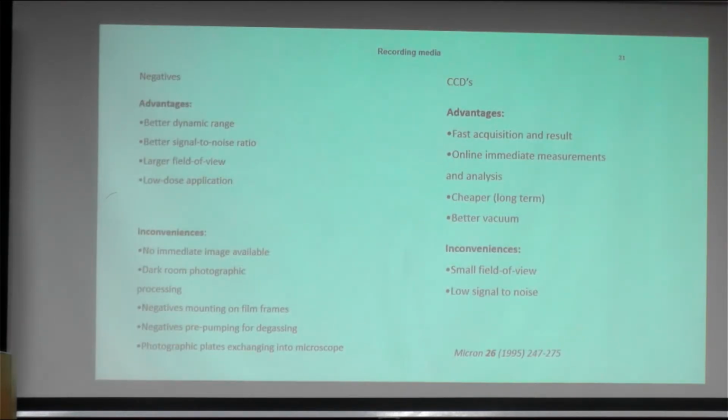So, some comparison of advantages and disadvantages of recording media. The advantages of negatives are better dynamic range, better signal to noise ratio, larger field of view, and low dose application. The advantages of CCDs are fast acquisition and results, online immediate measurements and analysis, cheaper in the long term, and better vacuum.